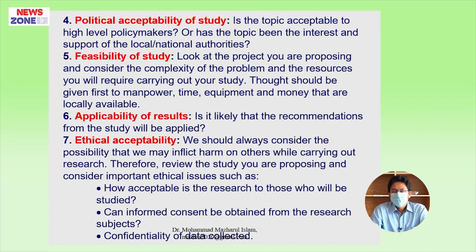If the study procedure is not acceptable, or the questions that we ask the people are not acceptable for them, we must not do that. We have to take informed consent before conducting the study. We have to take informed consent from the participants.